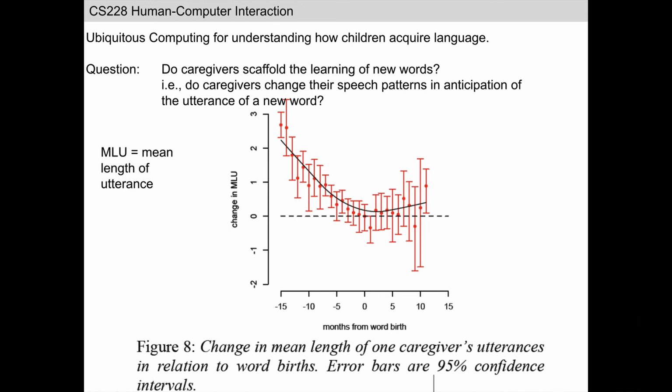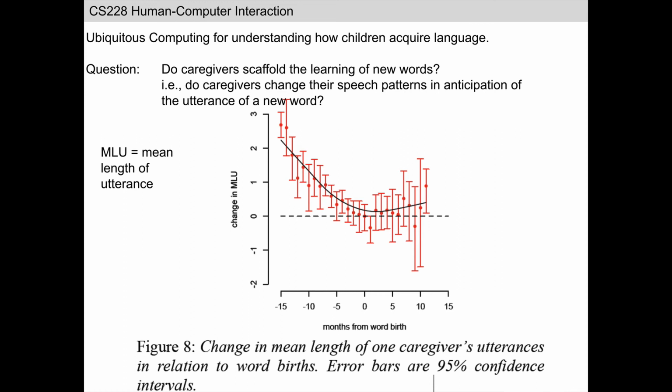It does not mean that in the month that the child uttered the word for the first time all the utterances were length 0. That doesn't really make sense, actually. It means that the sentences containing the word were longer, but months and months before that word was spoken for the first time, the caregivers were shortening the utterances or the sentences that contained that word.